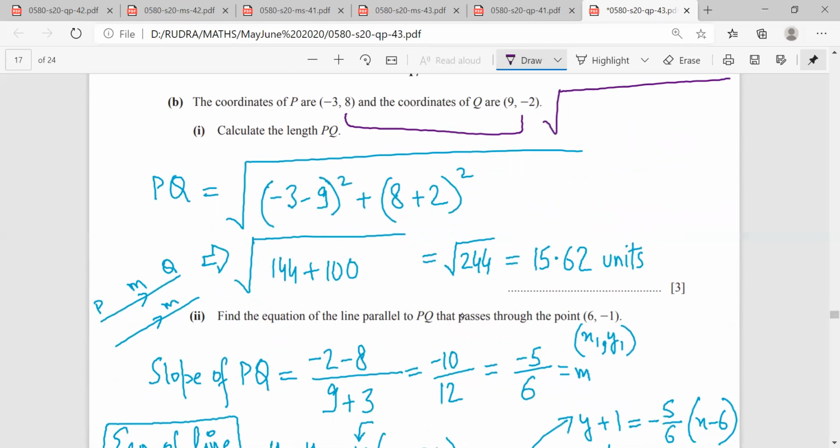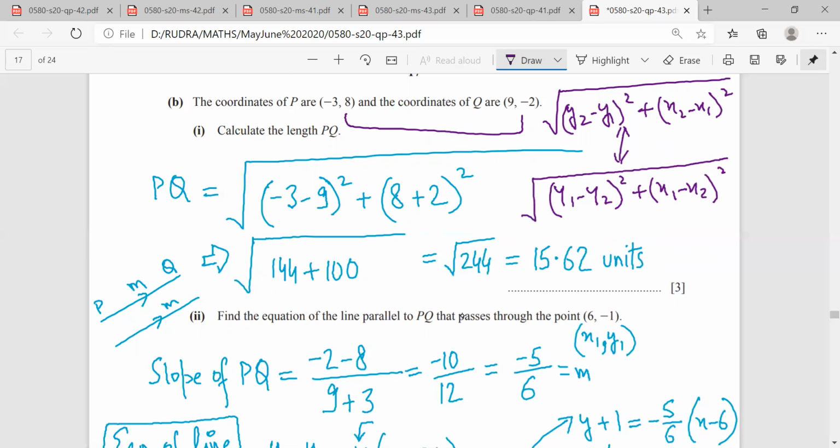Now, while calculating distance formula, usually it is written as y2 minus y1 square plus x2 minus x1 square or vice versa. But what you need to understand is that this is equivalent to saying that y1 minus y2 square plus x1 minus x2 square, for a simple reason that the squares would be equal to each other. So it doesn't matter whether you put y2 minus y1 or y1 minus y2. And when I calculate this, the answer is 15.62 units. This is the length of PQ.